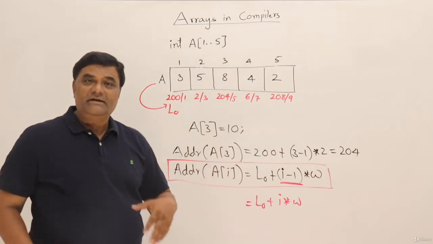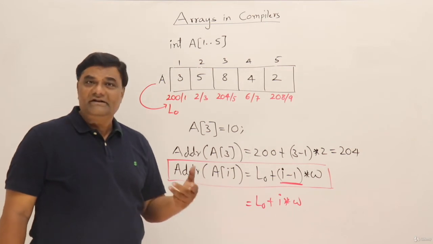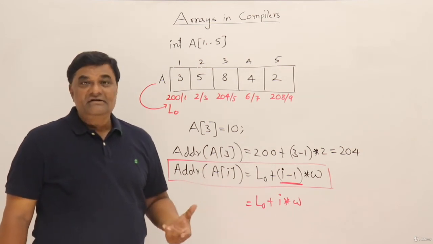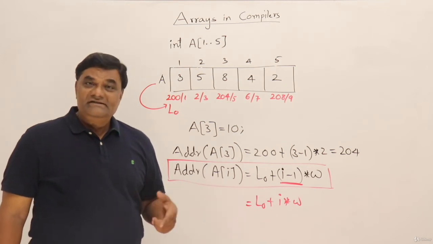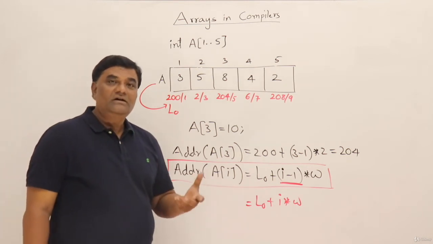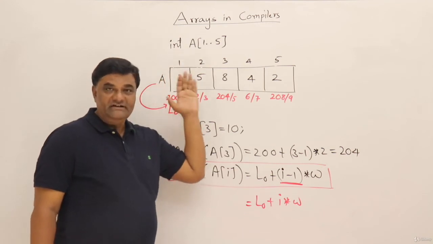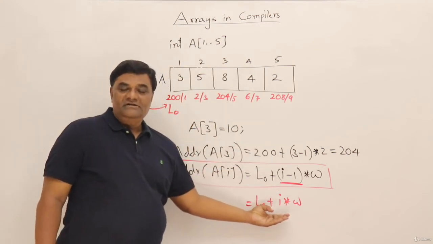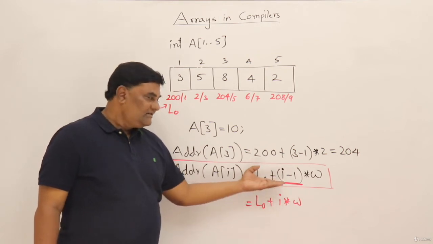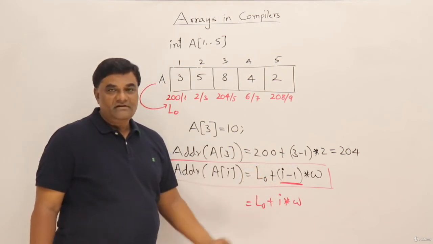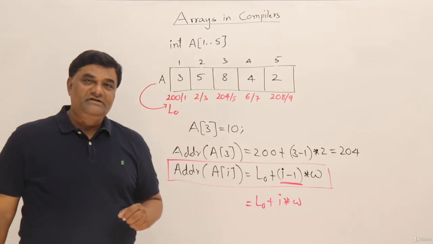If the size is very large and I am accessing all the elements, then it will be really slow. It will affect the time taken by a program. That is the reason C, C++ languages allow array indices starting from 0 only, because the formula has fewer operations and is faster than this formula. So that's all about single dimension arrays.